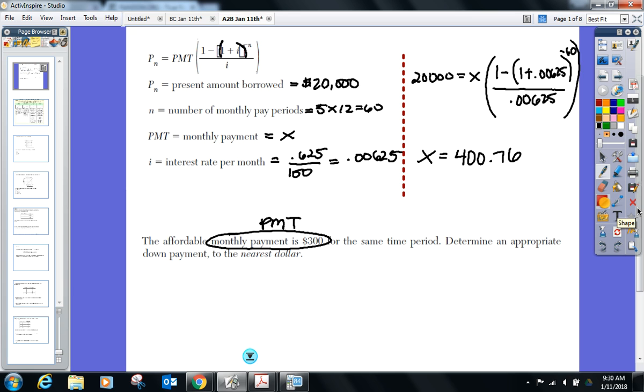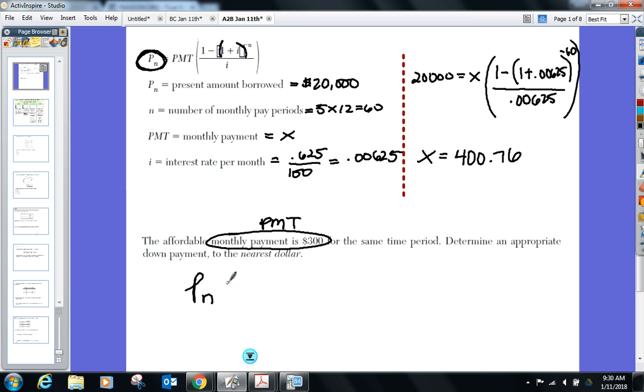So I'm going to solve for PN here. PN is going to be equal to, now I'm going to plug in what for PMT? 300. And hopefully somewhere on your calculator you still have that number, because it's going to be the same number. Nothing changed.